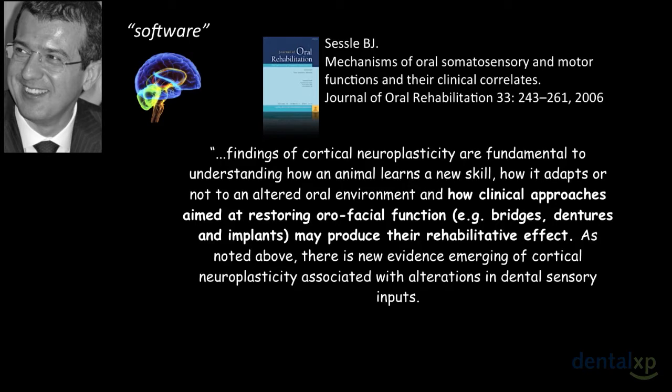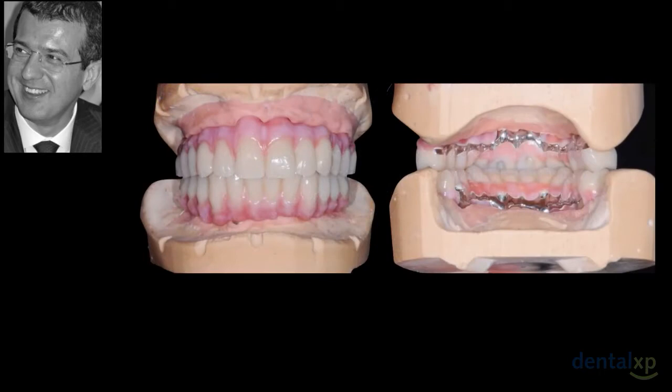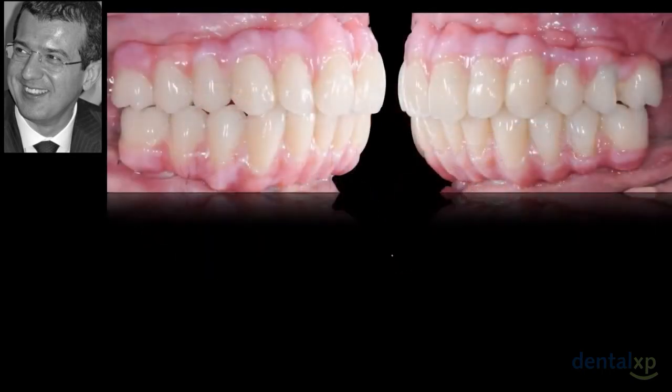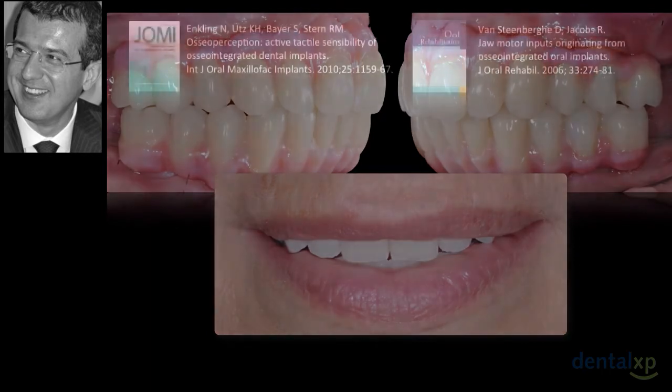Without cortical neuroplasticity it would be really difficult to place, for example, a large rehabilitation in a dentulous patient and to have this large rehabilitation accepted by the patient and to have it functioning and working properly.